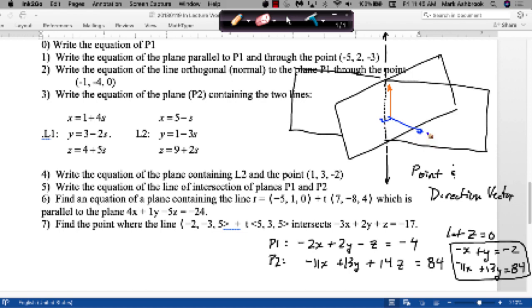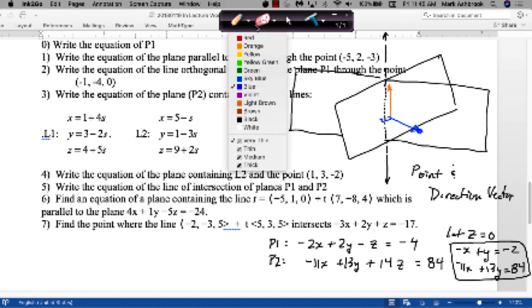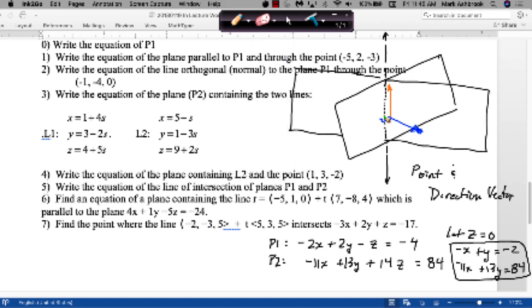I got a perpendicular vector that way, right? That's normal to this plane. Colors are fun, okay. And then this vector is perpendicular to that plane back there. Would be the cross product of the two normal vectors?